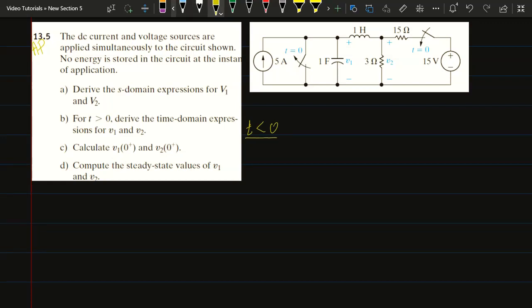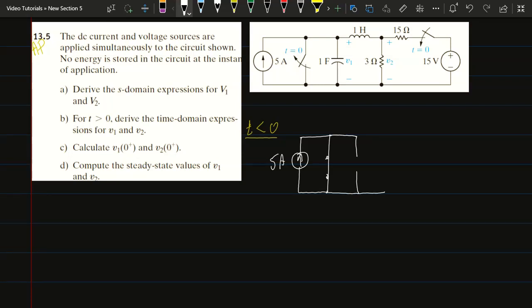My circuit looks like this. I have the current source, this is 5 ampere. This switch was closed, so it is now a short circuit. And then I have this capacitor, and I'm assuming that the circuit has been like that for a long time.